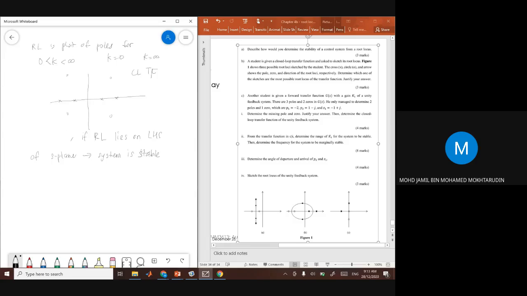For k from 0 to infinity, if root locus lies on right hand side of S plane, system is unstable.